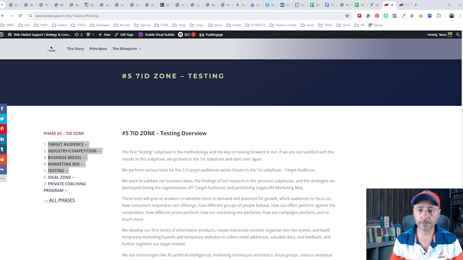The first phase, the 7ID zone of the 7 ideals methodology, is dedicated to research, data gathering, data analysis, improving our processes, and testing the market. And we test the market with information products. So the knowledge industry, the information industry, is always ingrained in the 7 ideals methodology.